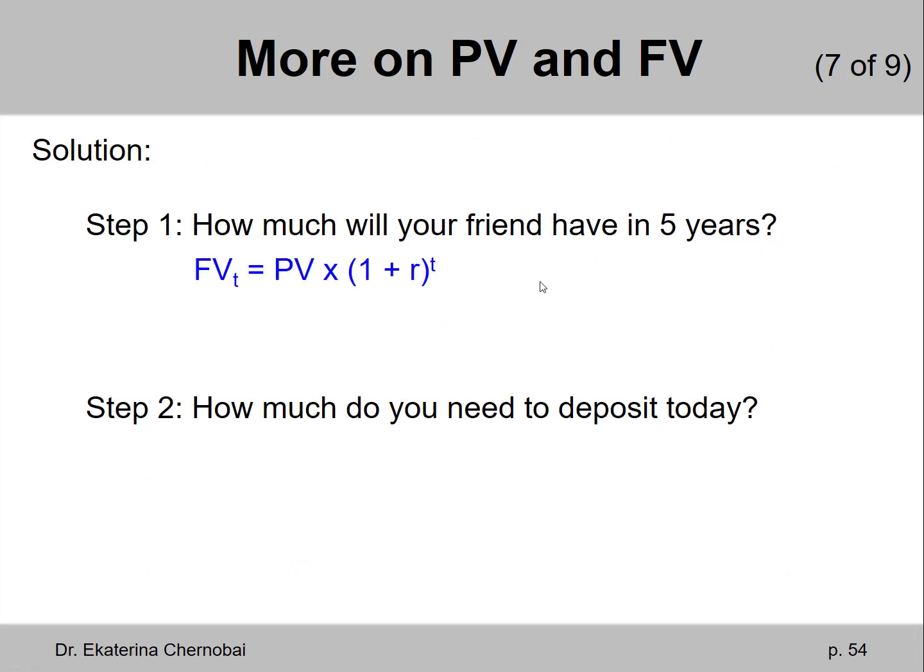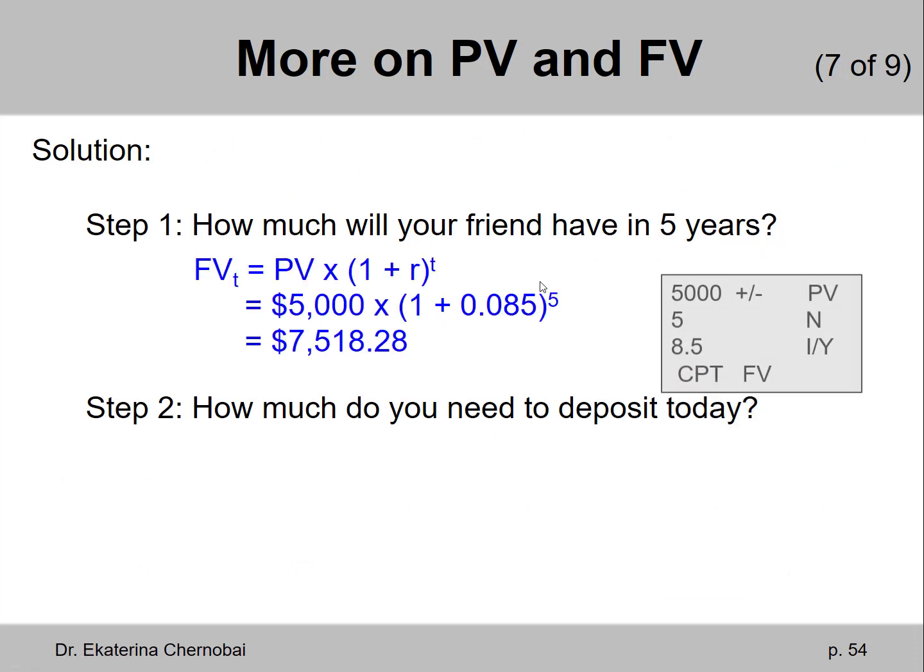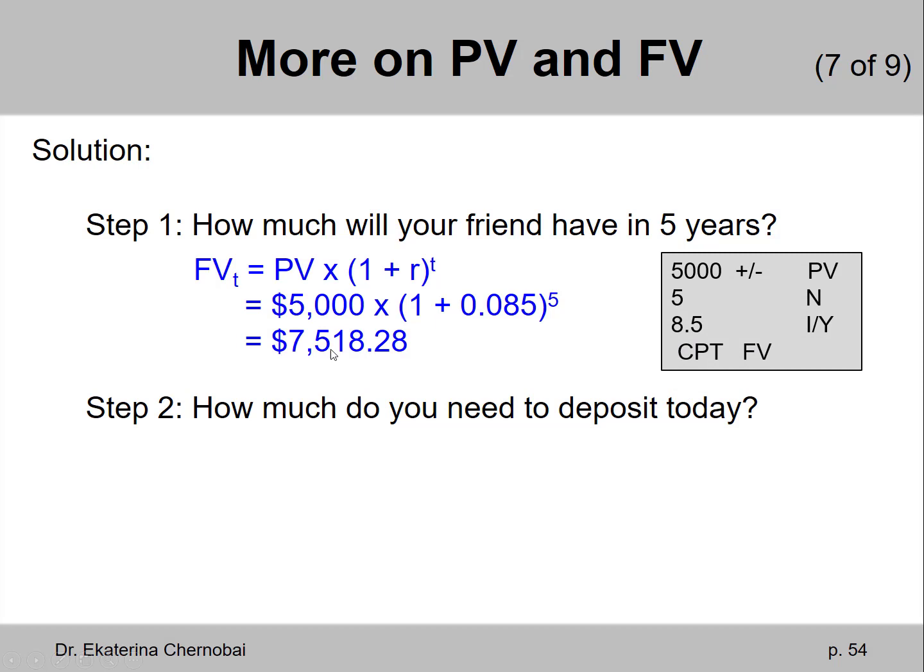Step 1, how much will your friend have? He will have $7,518.28. And we found that by taking his deposit, $5,000, and multiplying by 1 plus 8.5%, the sum raised to the power 5.